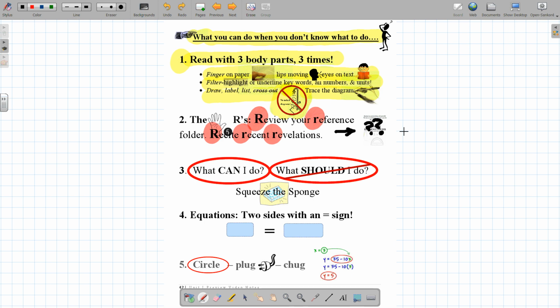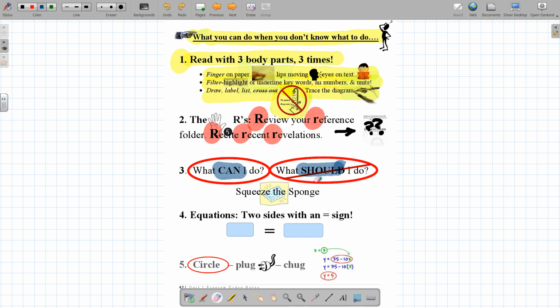Number 4, when you're working with equations, there's an equal sign, and you always have 2 sides to that equation, not one. I'll show that to you in a minute. And last, when you work with equations, you're going to learn to do what's called circle, plug, chug.